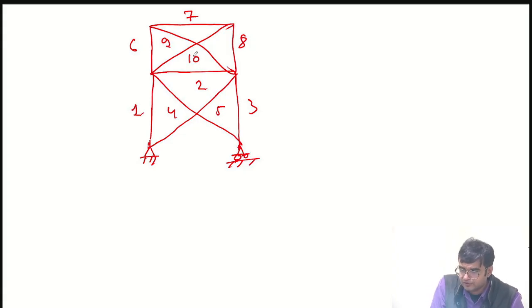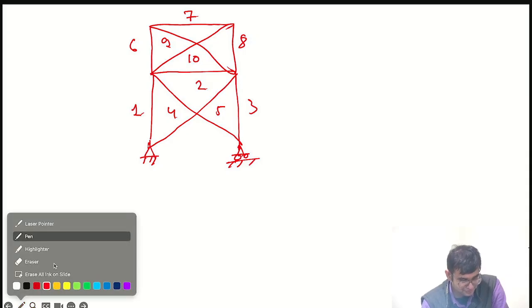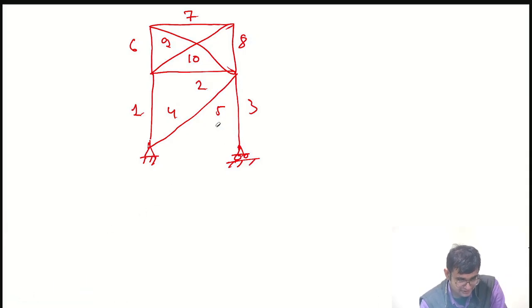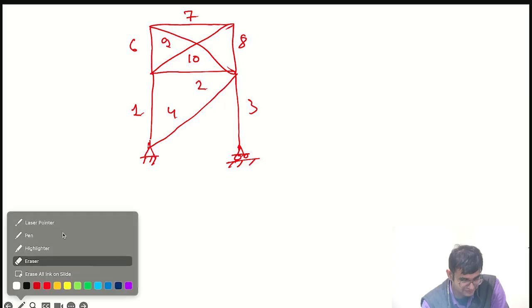Okay, clear? What will happen? Okay, I want to reduce it. Let me reduce it slightly, because otherwise it will take time. Okay, so member 5 does not exist, let's assume. Okay, because then I can show it easily.